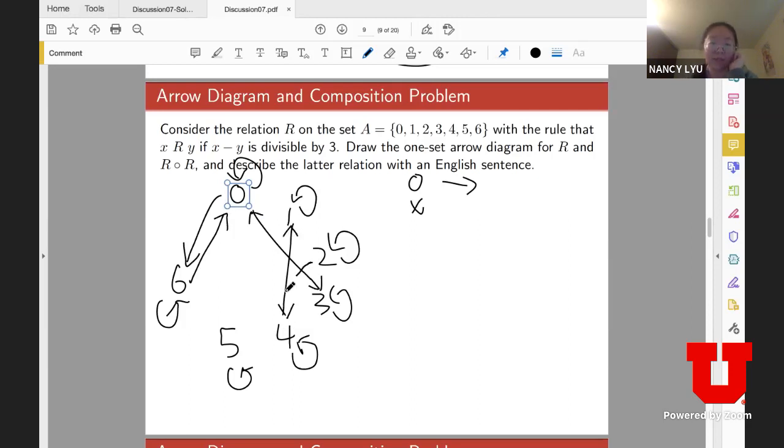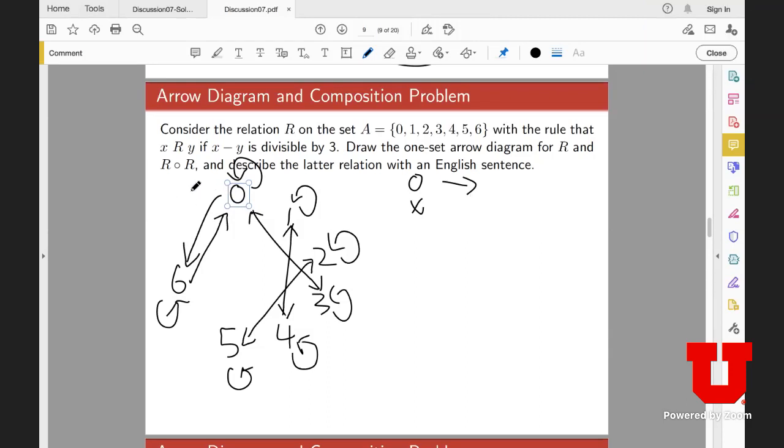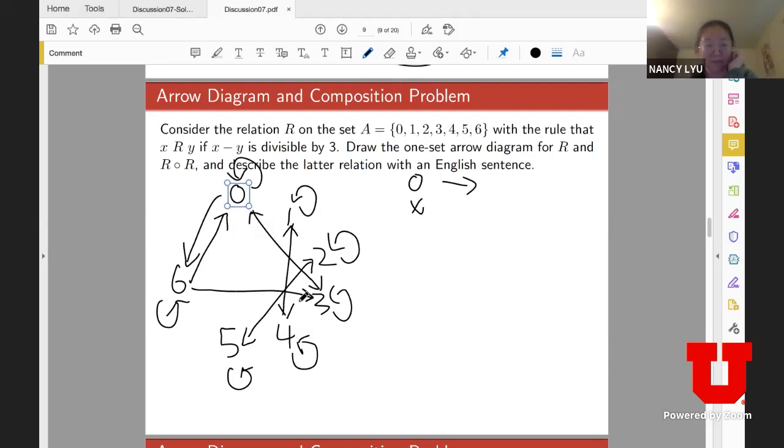And we have 2 and 5 left. Okay, and that is your one set arrow diagram for R. 3 to 6, yeah, sorry, you're right. Make sure I have everything. Okay.